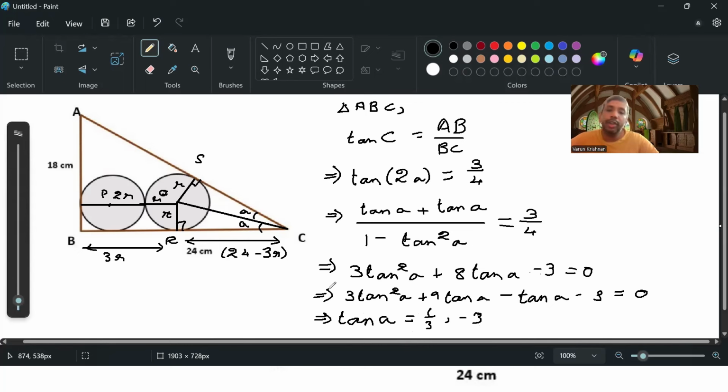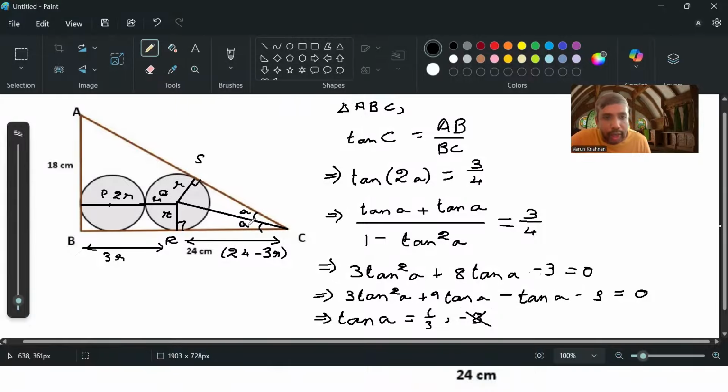Now, in a geometric figure, tan cannot be negative because clearly A is an acute angle, not an obtuse angle. An acute angle lies in the first quadrant, and in the first quadrant, tan is positive. It cannot be in the second or the fourth quadrant because angle ACB is clearly an acute angle. So tan A will be equal to 1 by 3.